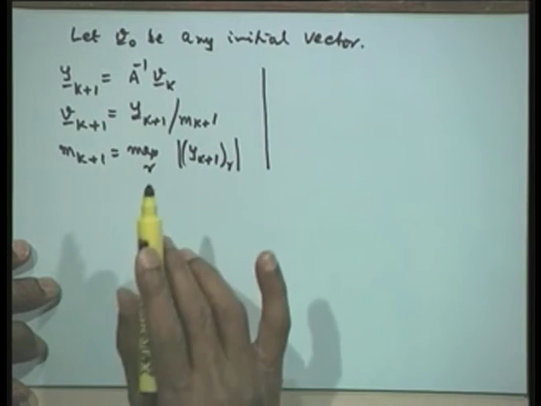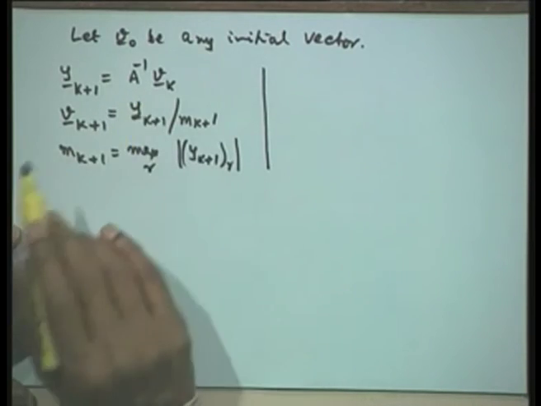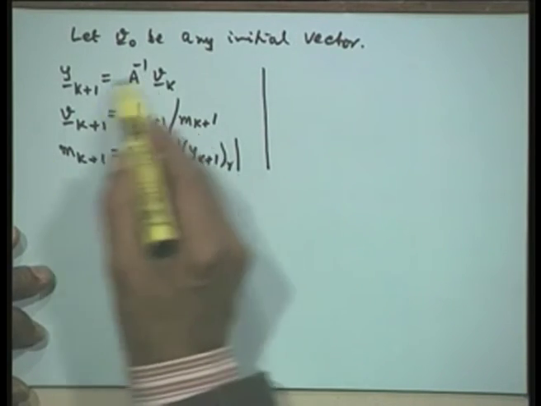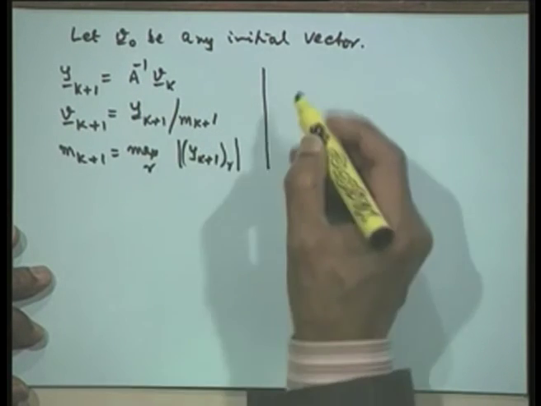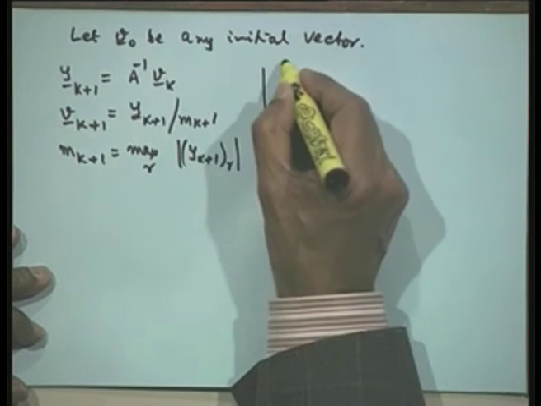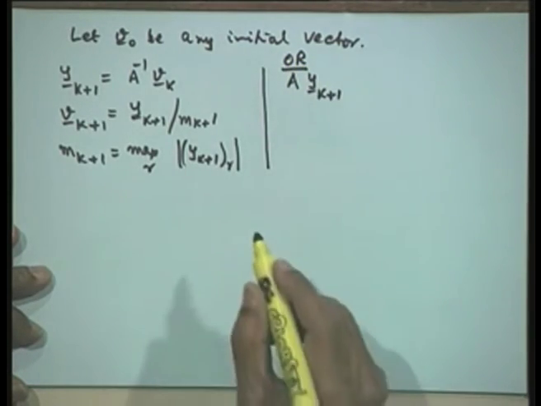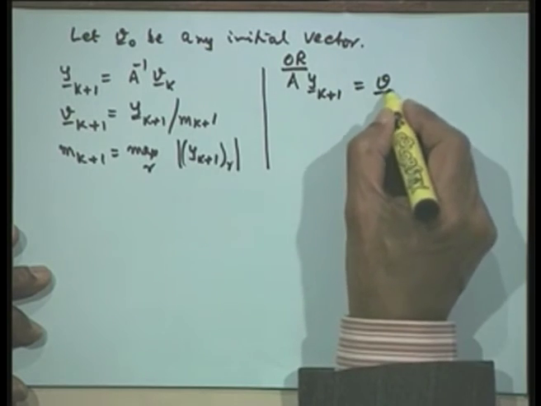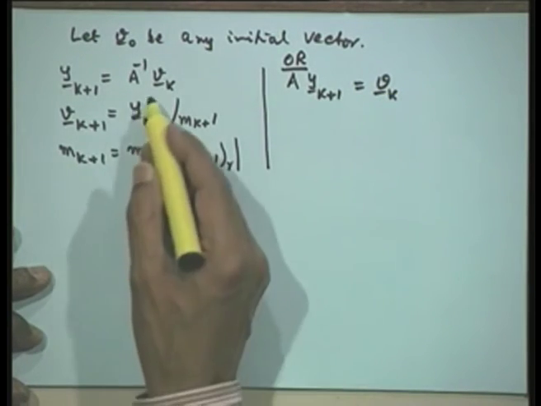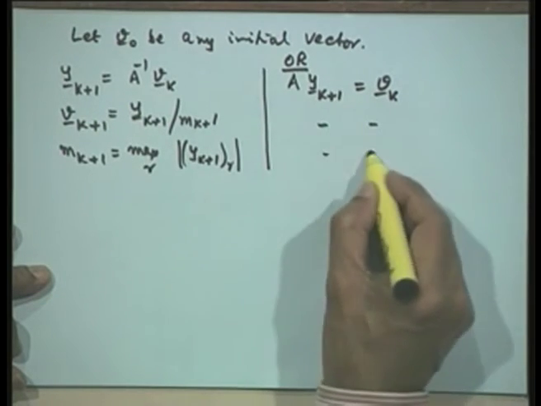Therefore, in such cases where you have doubt about the round off errors, we do not solve this way, but make a minor modification. I pre-multiply this by A, so I would write this as A y k plus 1 equals V k. Remaining steps remain the same.